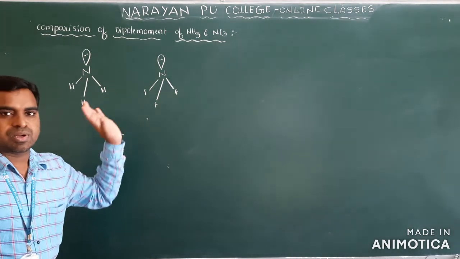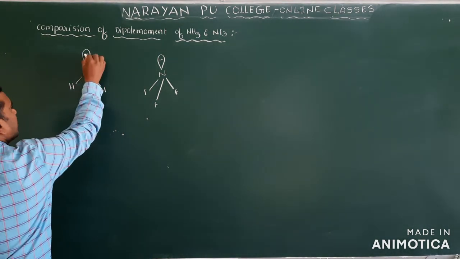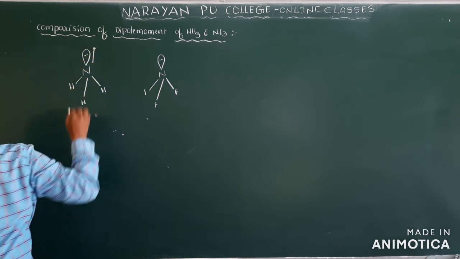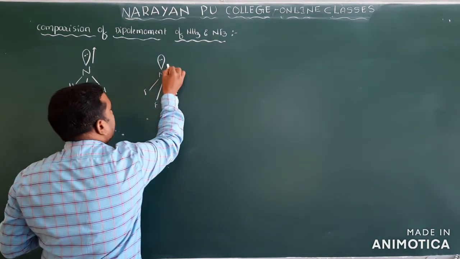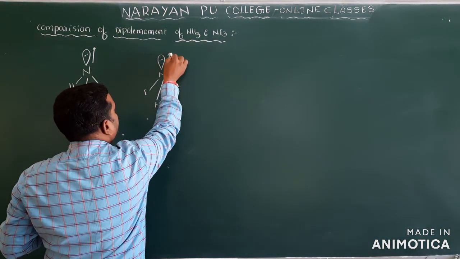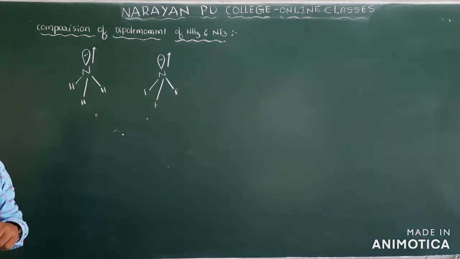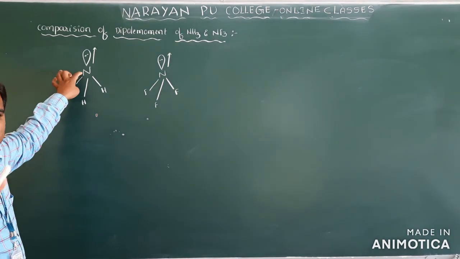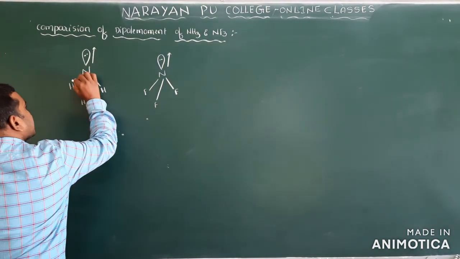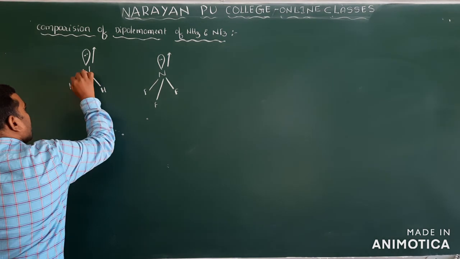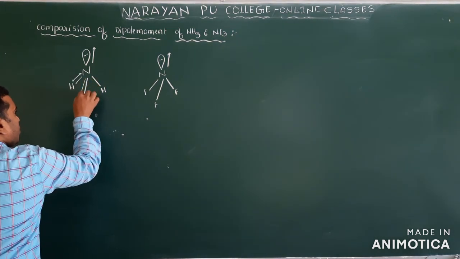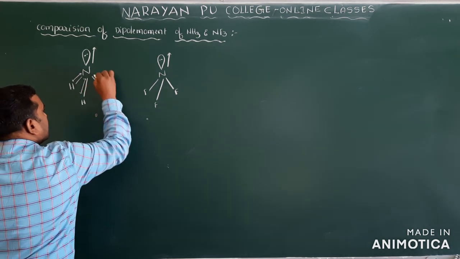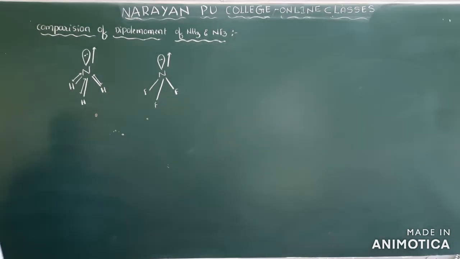First of all, this is a lone pair of electrons, and the dipole moment direction of a lone pair is always upwards. Now in NH3, between nitrogen and hydrogen, which one is more electronegative? Nitrogen. So the dipole moment direction of each bond is towards the more electronegative atom, nitrogen.